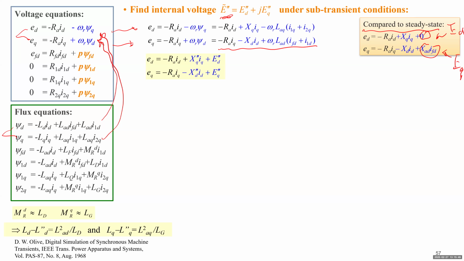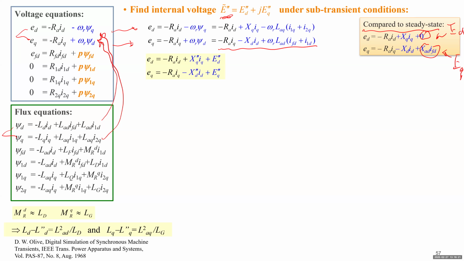And for the blue part, we learn the structure from the steady state equation. Because we already defined the readings in the Q and D axes as associated with the sub-transient dynamics, we just assume we learn from those two items and create those two items. So exactly the same, we only add double prime here, and then we put this ED double prime, EQ double prime.